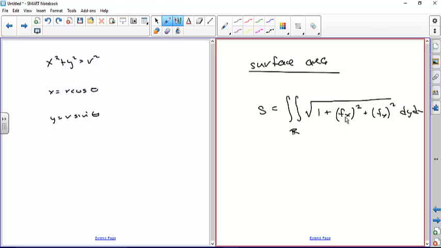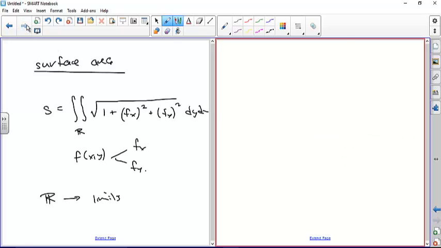So be prepared to have some function. You'll be given f of x y, from which you can get the partials, and then given the region, you need to determine the limits. So instead of just putting the region, you need to define the limits appropriately. But you're not going to have to do the integral because it's too complicated.